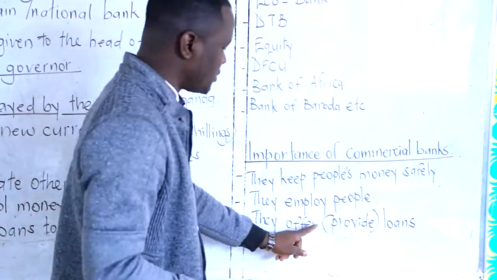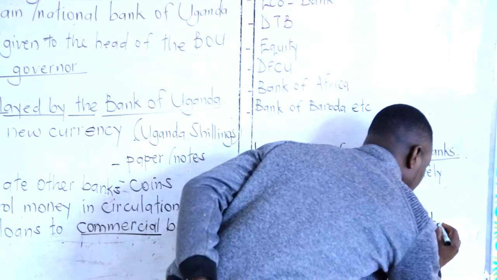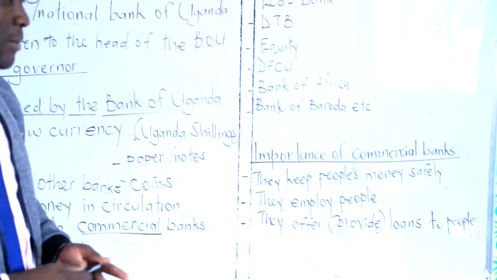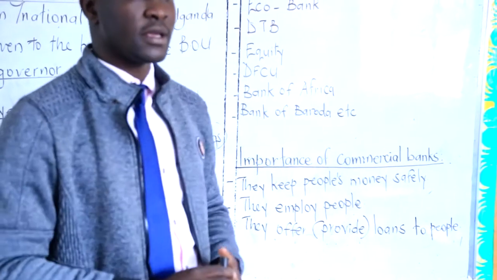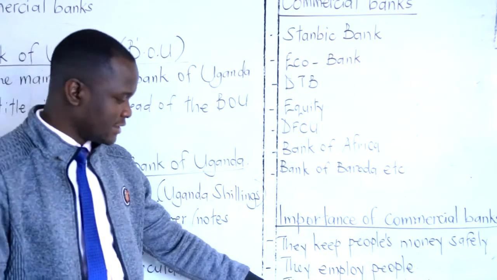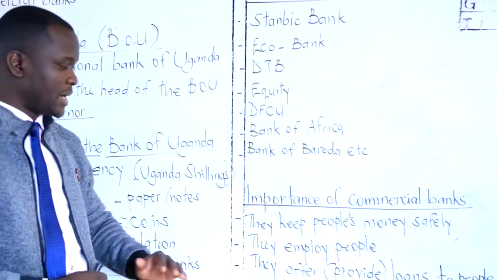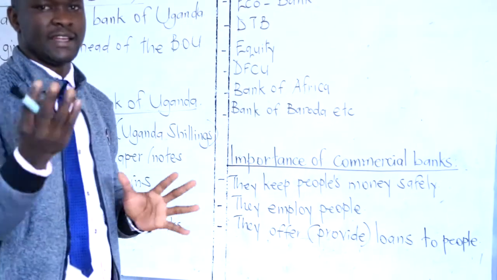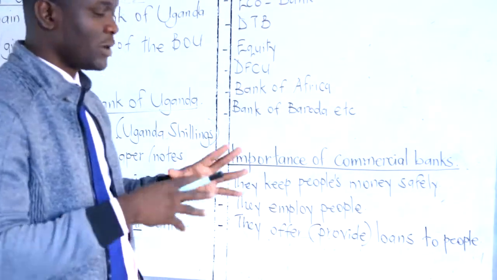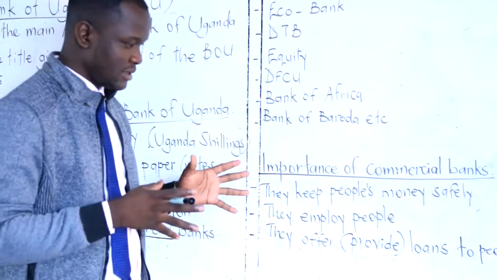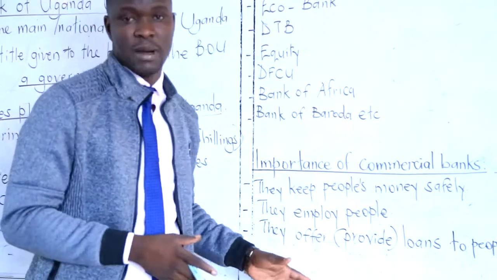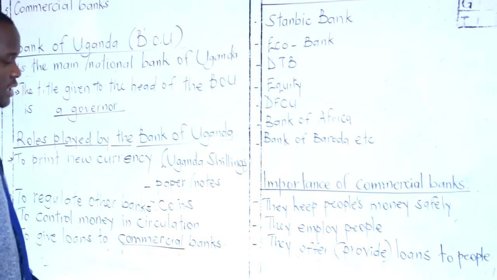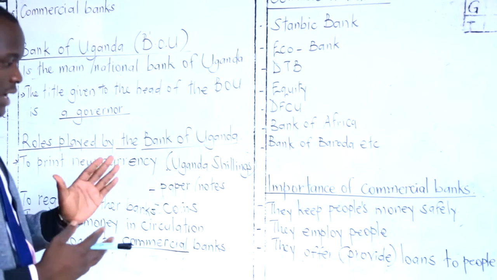If someone wants to increase his business, he can go and apply for a bank loan, and he will be given the loan, use it, and return it slowly, and people will be able to develop and be helped by these banks. So we need to understand that these commercial banks provide loans to the people who are in our district.